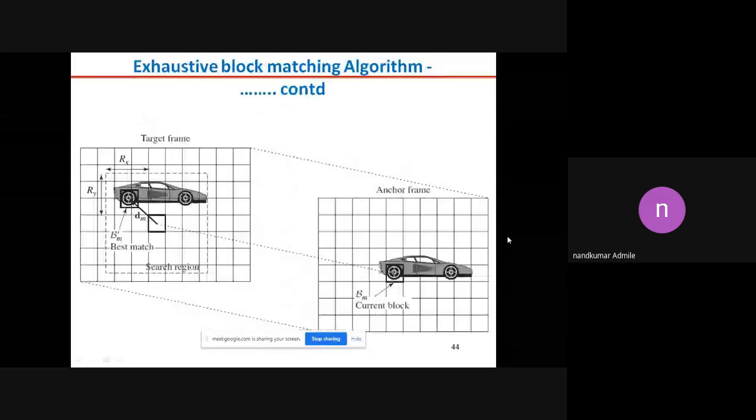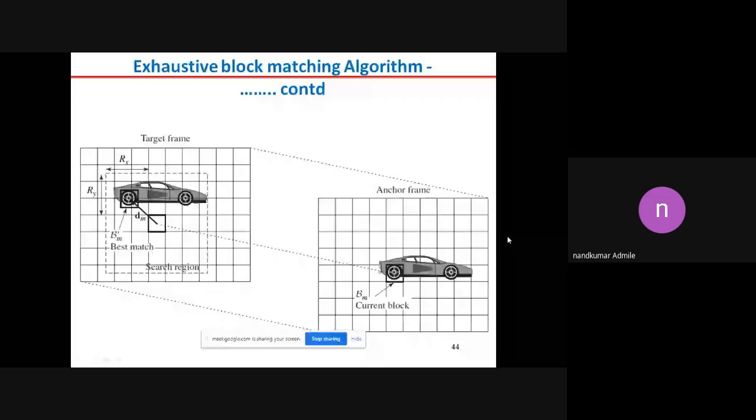This method is understood through one technique, which is referred to as the exhaustive matching algorithm. Now everyone focus on your screen. Here we divide the frame into a small number of blocks, and we take an example of one car. The car can move from one position to another position.